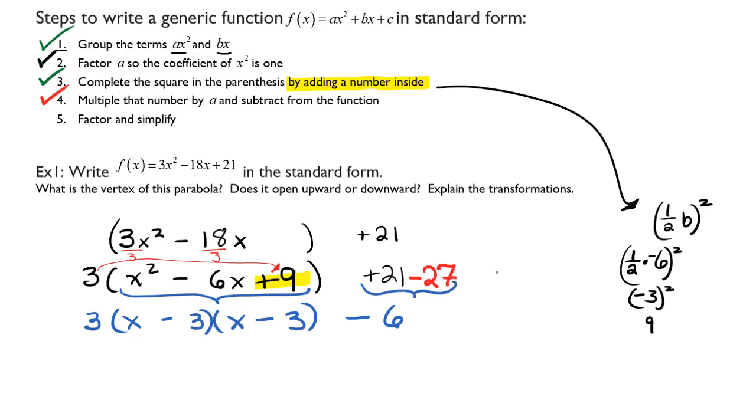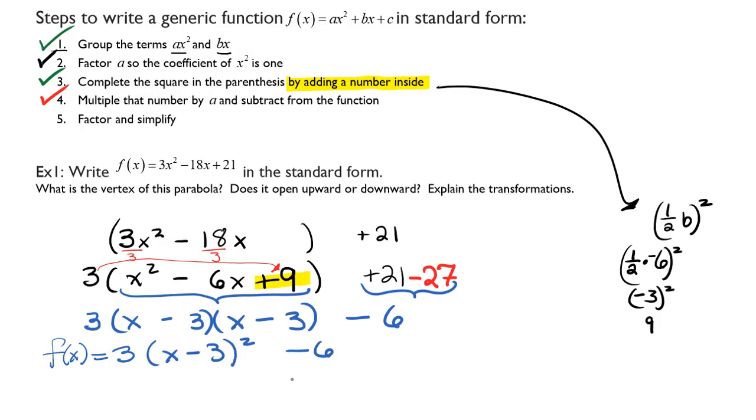When that happens, I get 3 times the quantity x minus 3 squared, minus 6. And conveniently, I now know how my parabola has been transformed based on this new standard form.